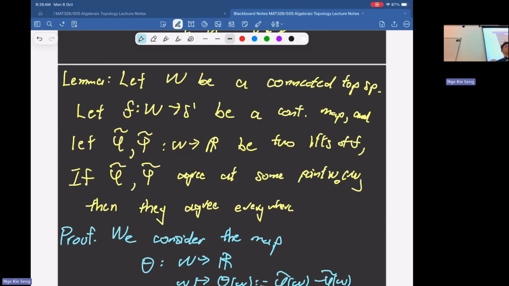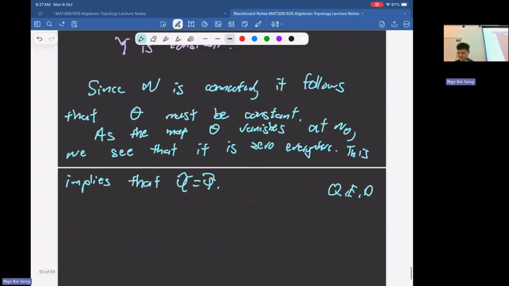This is a bit like algebraic geometry, right? If the things agree inside an open set, they have to be the same outside the open set too. Okay, continue.